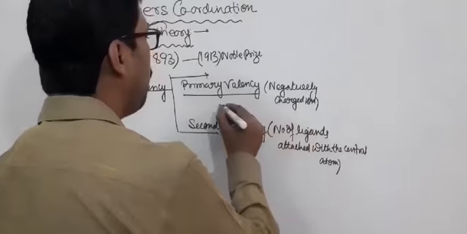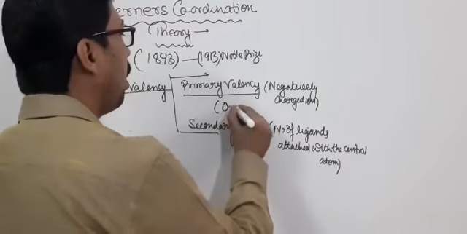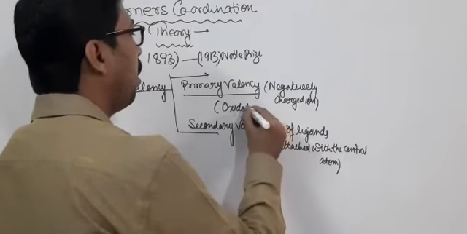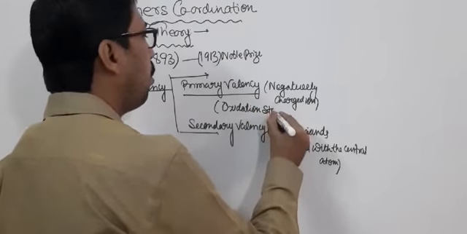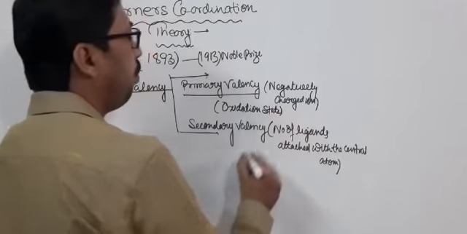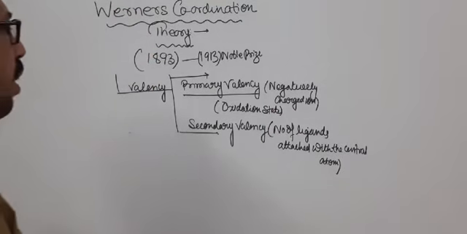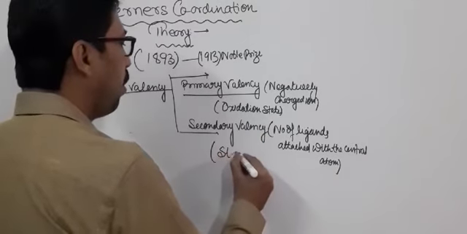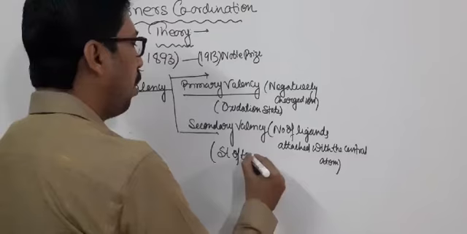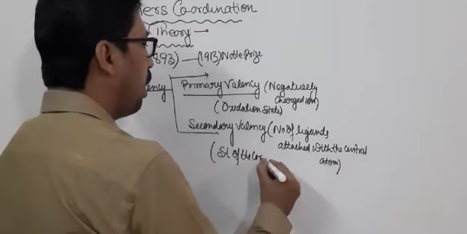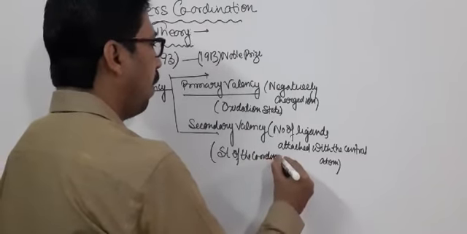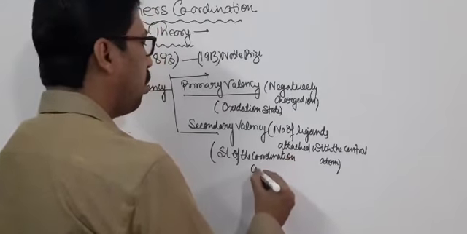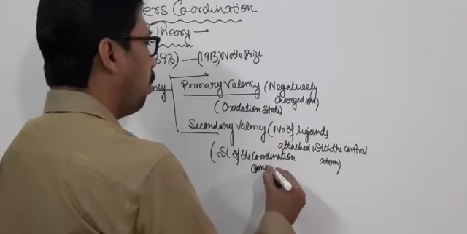Primary valency gives the idea about the oxidation state of the central metal atom, whereas secondary valency gives the idea about the structure of the coordination complexes.